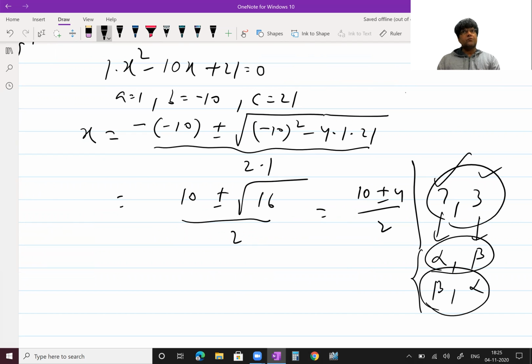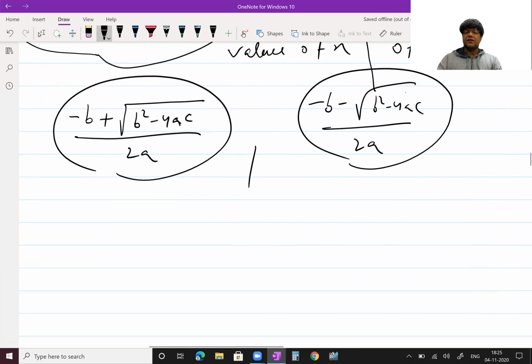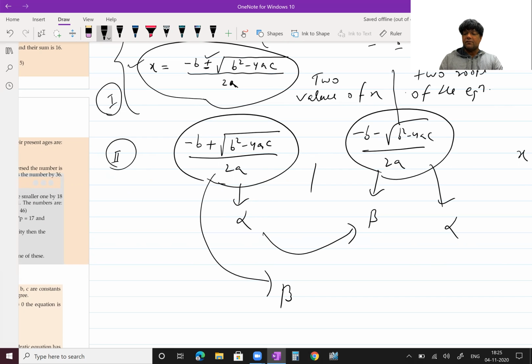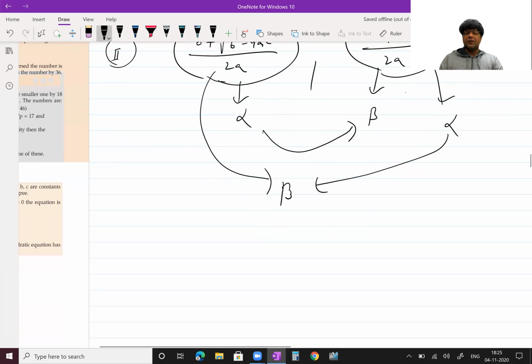Out of these two roots, one is alpha and the other is beta. That means if this is alpha, then this we will call beta, and if you say this is beta, then we will say this is alpha. Clear?